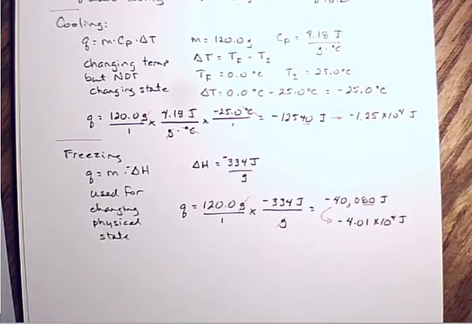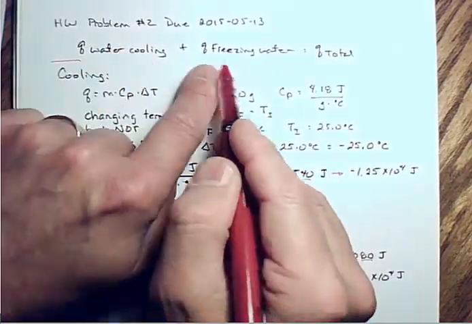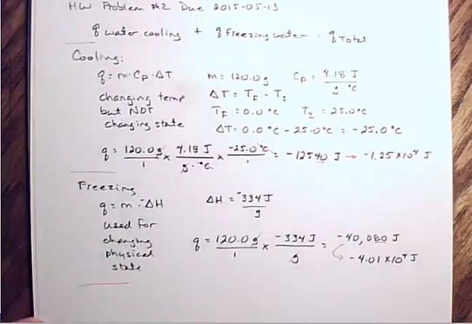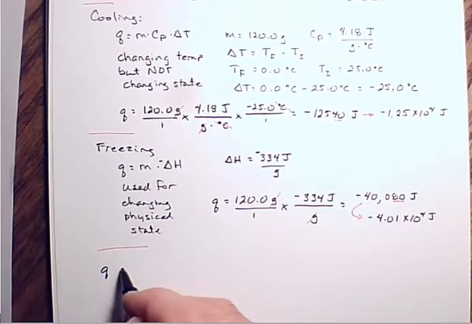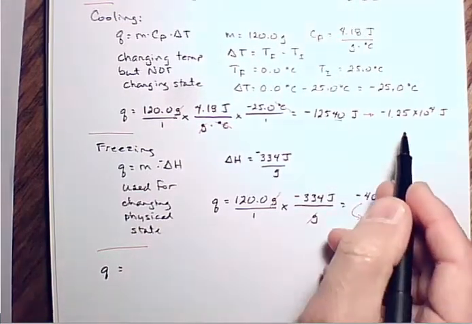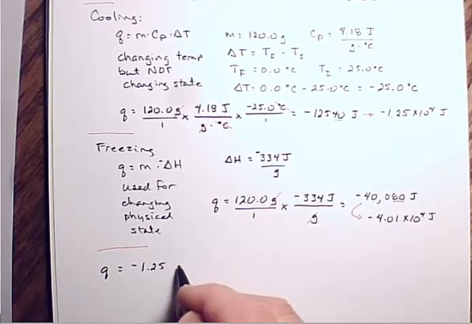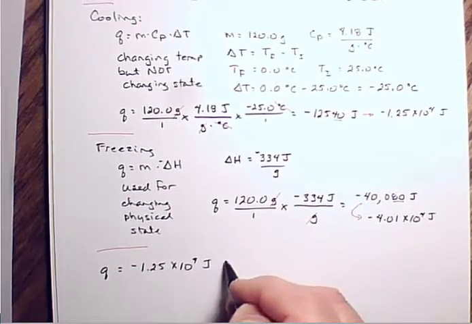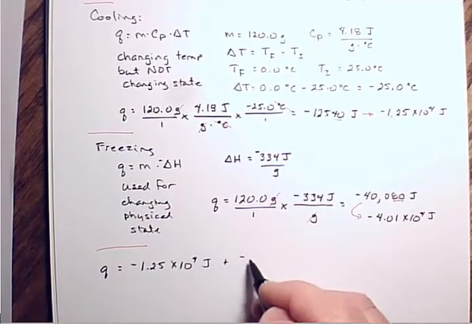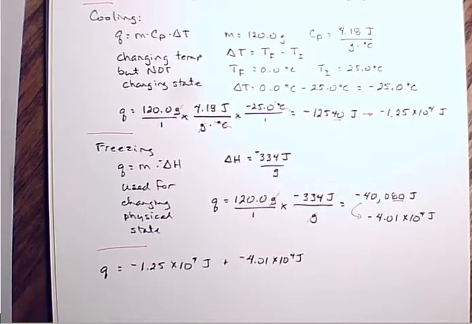Okay? All right, so we've got the 2 parts. Now we're going to have to add them together. Okay, we have to add the cooling change in energy to the freezing change in energy to get the total change in energy. And so we're going to find this number here, negative 1.25 times 10 to the 4th joules, plus negative 4.01 times 10 to the 4th joules.